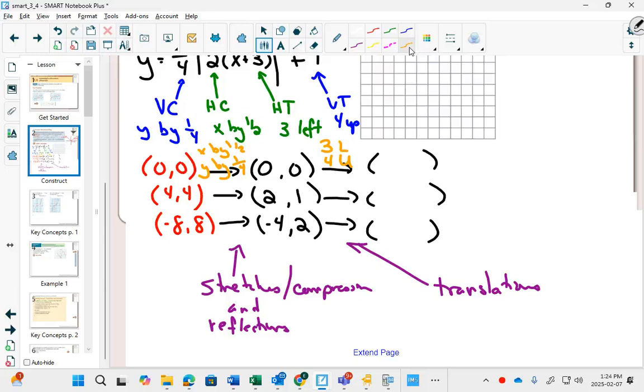So I do that preliminary work first. And then I need to go 3 left and 4 up. So if I go 3 to the left, 0 will be negative 3, negative 1, and negative 7. And moving 4 up, I'll have 4, 5, and 6.